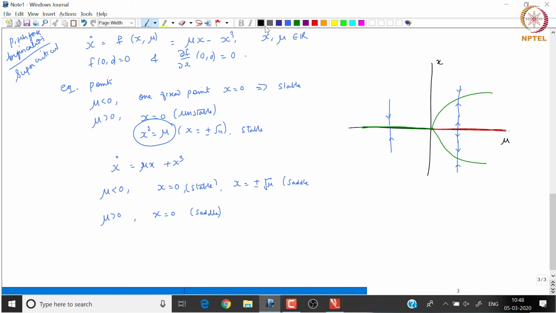So if I again draw the bifurcation diagram, it will look pretty neat. So mu and x, and this region typically is the mu less than 0 region, and this is the mu greater than 0 region. For mu less than 0, x equal to 0 was stable, so this remains the way it is.